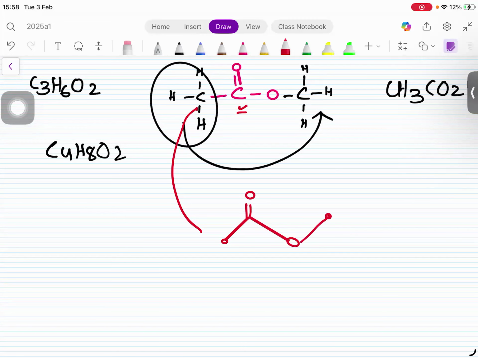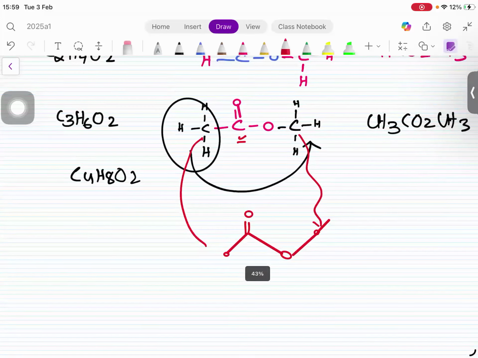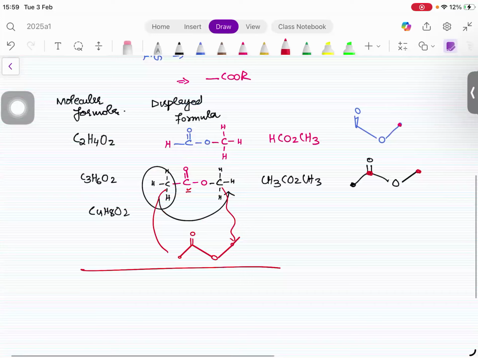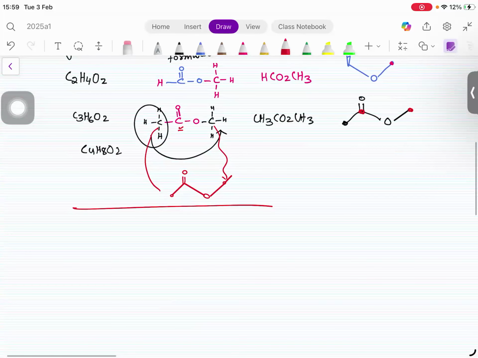Oxygen. And then there is a carbon again. Got it now? Okay. Got it?